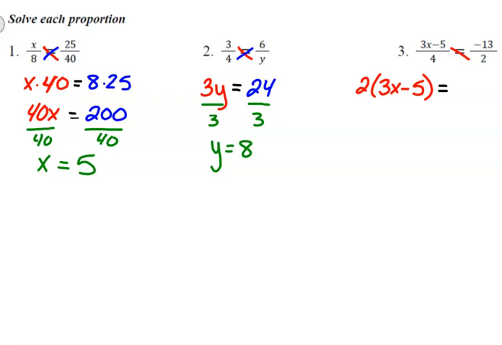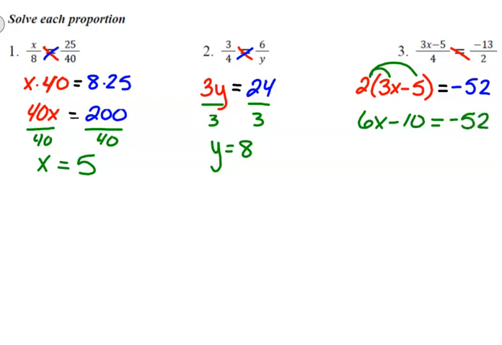On the other side of my equal sign, I have 4 times a negative 13. That's going to be negative 52. And so we're going to distribute that 2 through my parentheses. So 2 times 3x is 6x. 2 times a negative 5 is a negative 10.